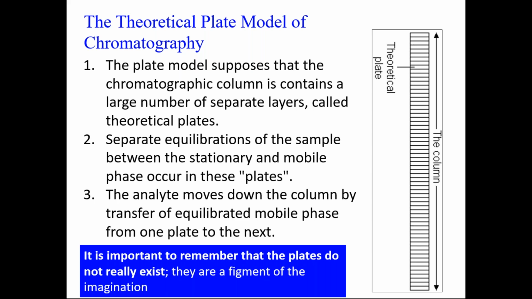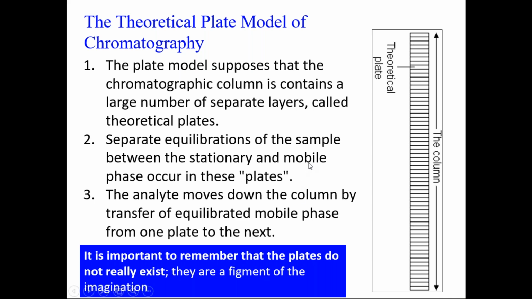The plate model assumes that the chromatographic column is divided into separate layers, and these are called the theoretical plates. For example, if this is the column, we assume that the column is divided into several thin increments, and these are known as the plates.